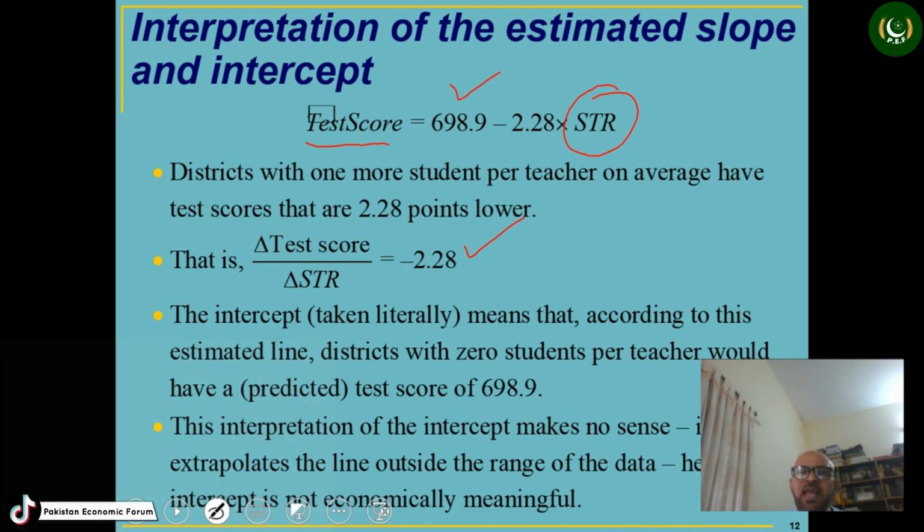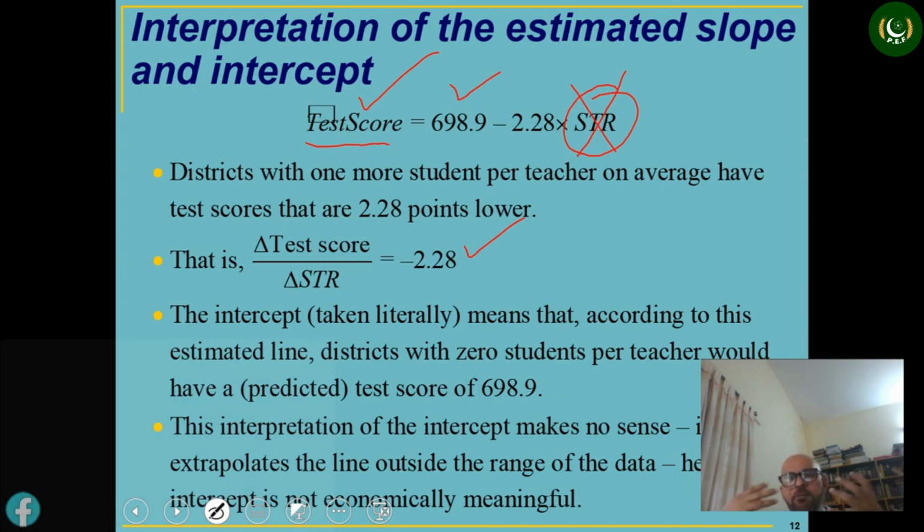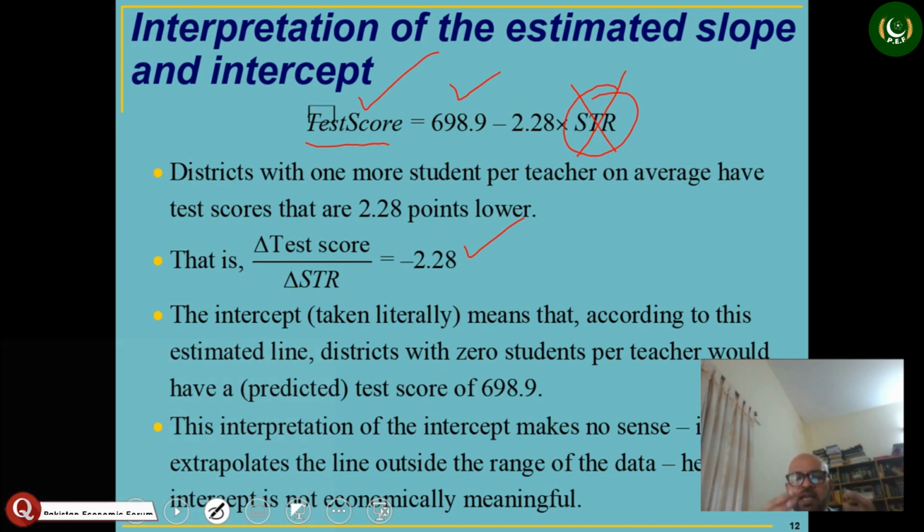We should not make any statement about the predictand where we don't have the predictor. Weight is a function of height, but have we ever observed height equal to 0? We don't have any person with height equal to 0, so we should not predict where we don't have the predictor. That's why we say avoid interpreting the intercept.